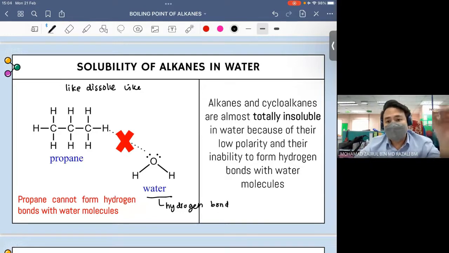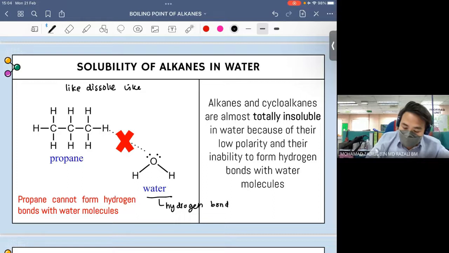So carbon and hydrogen, even though those two are different element, but the difference in term of the electronegativity is small. So carbon-hydrogen and also carbon-carbon bond in an alkane itu kita panggil sebagai non-polar. Kalau non-polar, intermolecular forces yang kita ada adalah van der Waals forces, and to be specific adalah London dispersion forces.